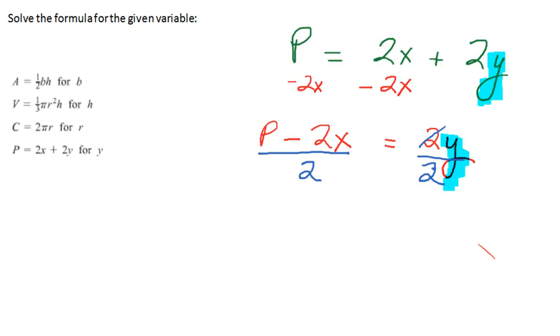Now, on the right-hand side, I can cancel these 2's, but on the left, I can't, because P minus 2x is a term, an entity on itself, so we can't divide those 2's. So just rewrite y equals P minus 2x all over 2. And that's your formula.